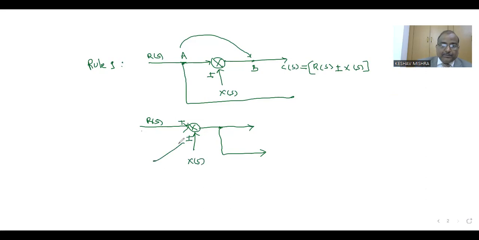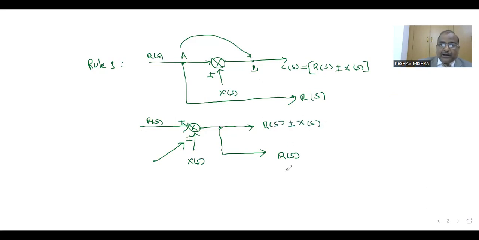XS could be positive or negative. So here the output is RS. If it is shifted to position B, then the output RS should remain constant. At this position, the output is RS plus minus XS.